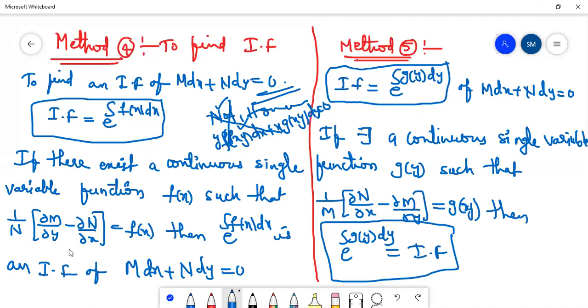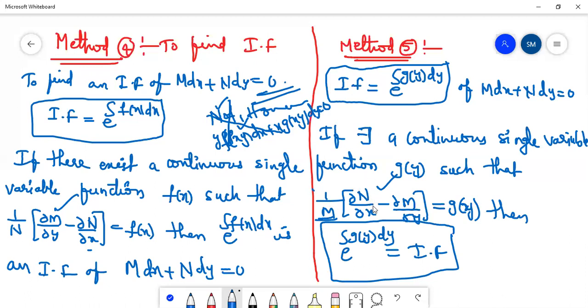When it is non-exact, observe the difference of the two terms. After the derivatives, we subtract one from the other, and the function we get after the subtraction is related to either N or M. The difference between the two is just a change of sign. If you take dou M by dou y minus dou N by dou x, we get a positive function.